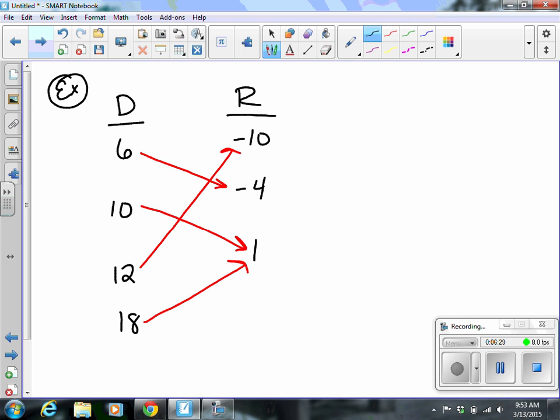So looking at this, is this in fact a function? All right, so when I'm looking at this, I'm looking only at the domain. Do they have 1 arrow coming from it? So looking at the 6, 10, the 12, and the 18. Yes, in fact, they do only have 1 arrow. It is a function.